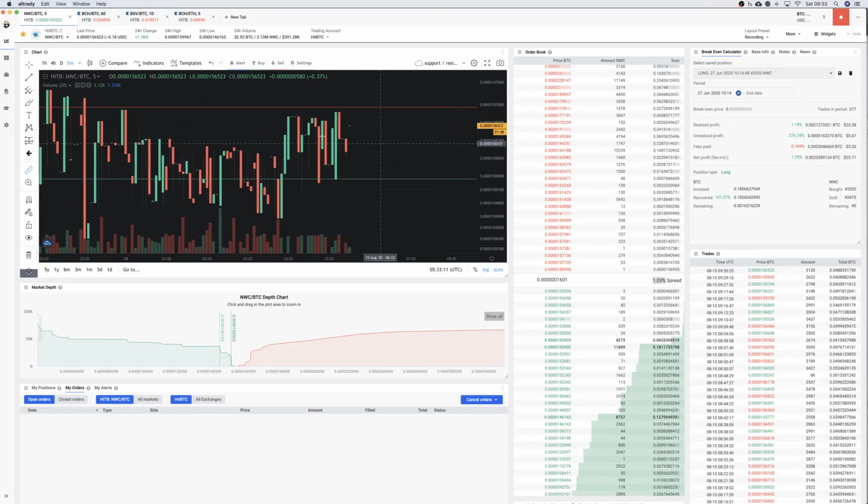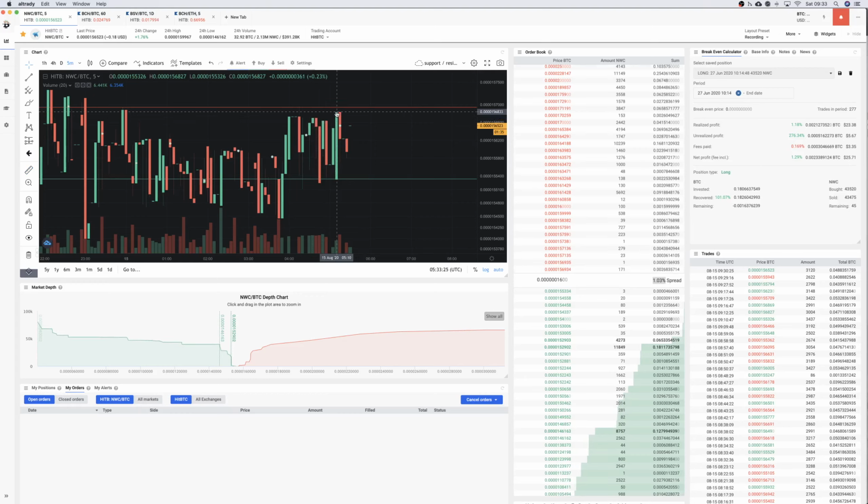Let's take from where we are right now. I'm going to go back 10 bars. It will take the highest close on these 10 bars, which is this one. So the price is 0.00156833.